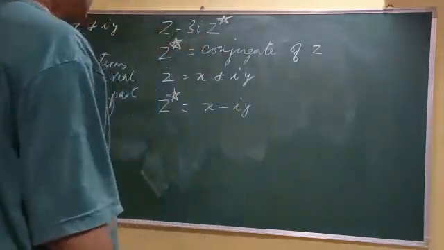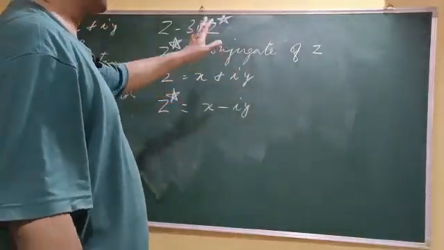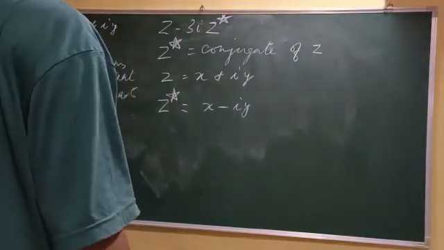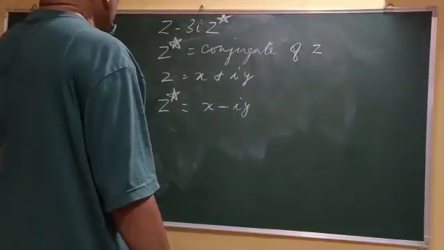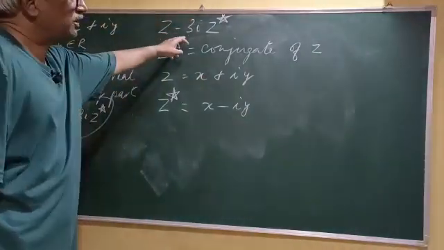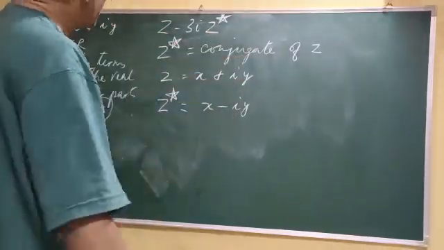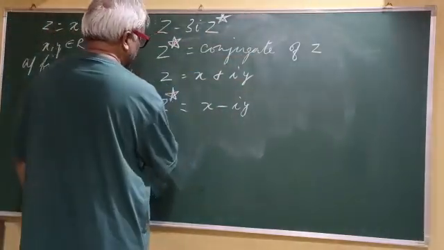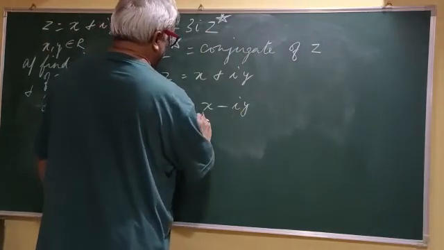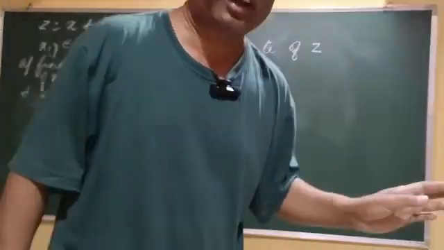Correct? Now we have to find the real and imaginary parts of z minus 3i z star. This is what we have to determine, we have to simplify.